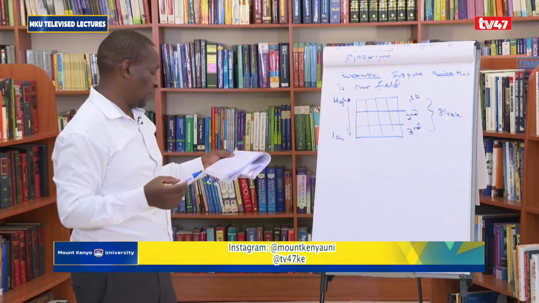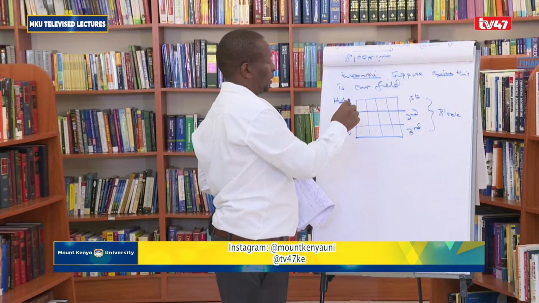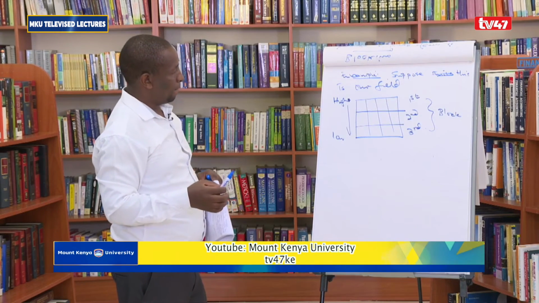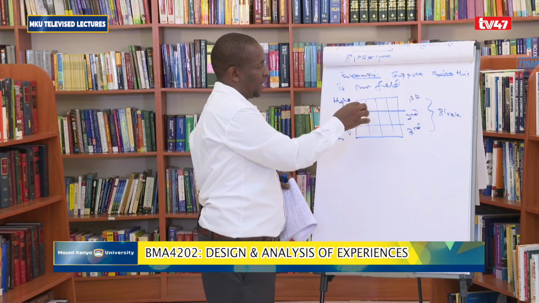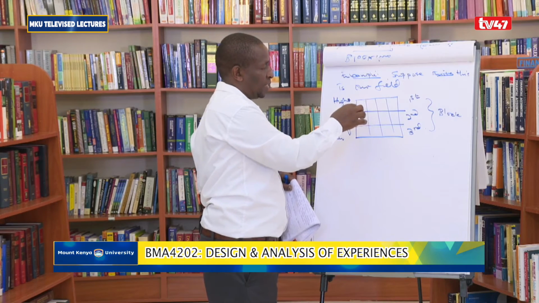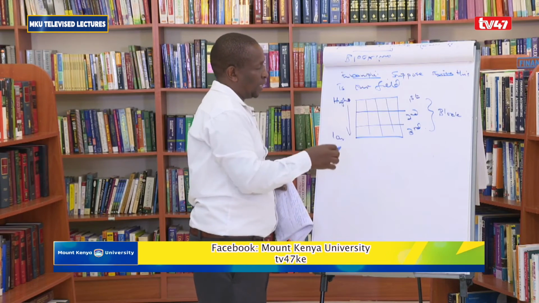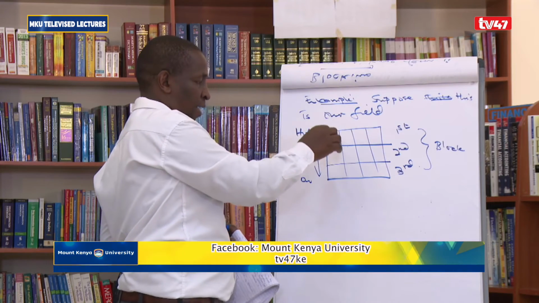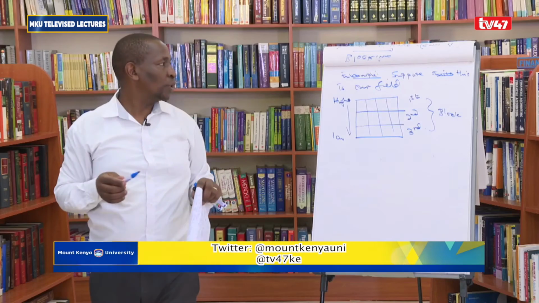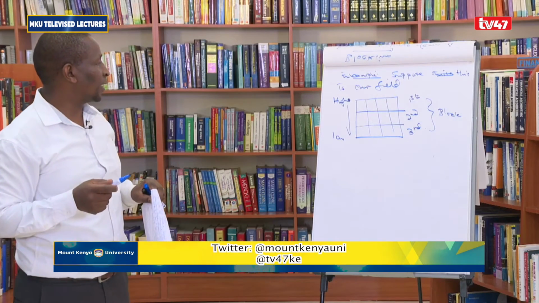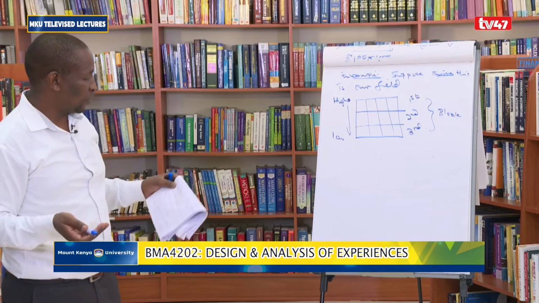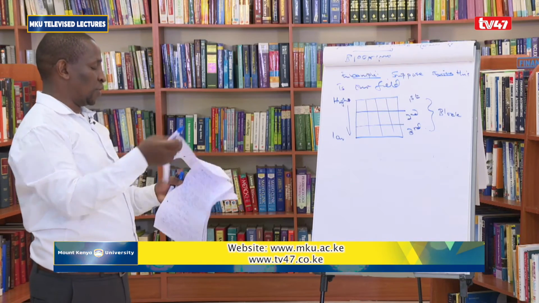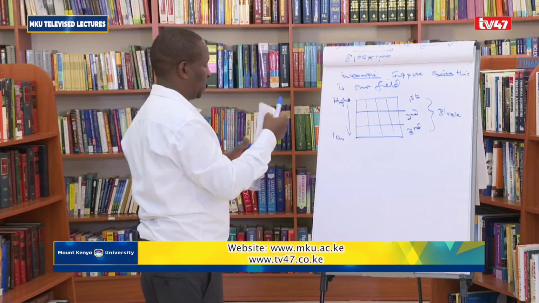So the placement of the plots should be that way, and then we go ahead and do our experiment, because we shall have applied the treatments along the blocks, and the blocks are such that they are experiencing high and low gradient of that particular characteristic, whether it is soil texture or water moisture, uniformly, reducing the confounding factors.